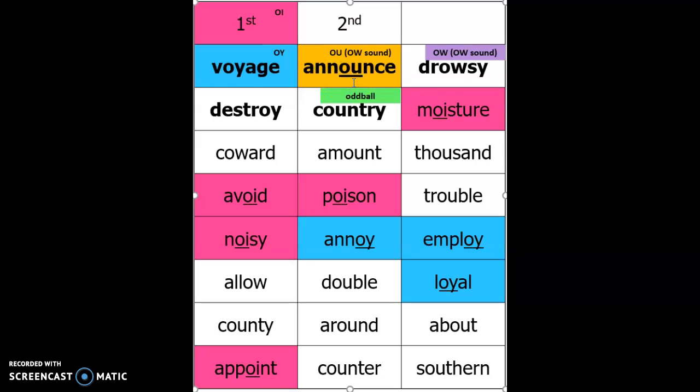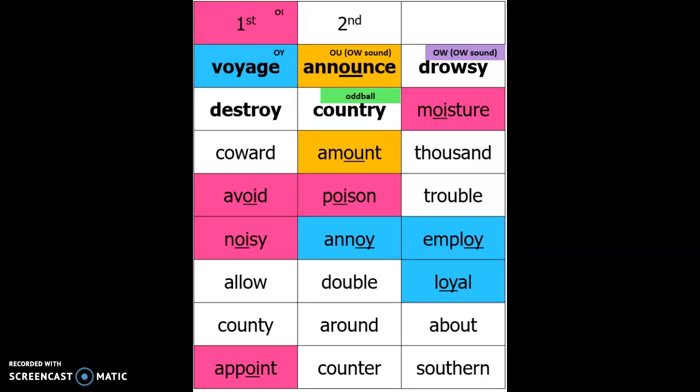Now we have 6 words in this category that have the ow sound spelled with O-U. So the first one that we have is amount. The amount of money that we have. Amount is going to go in that category.